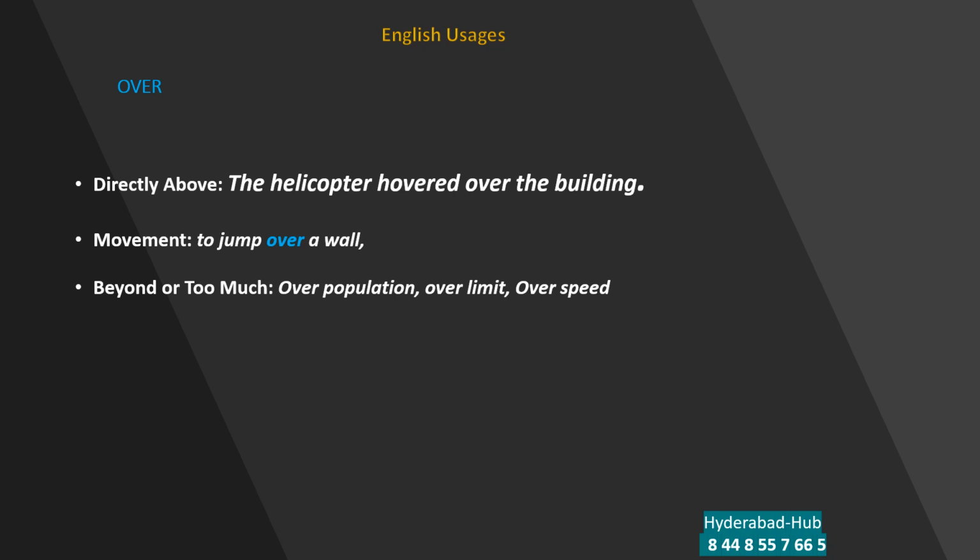For example, we could say overpopulation, over limit, over speed. In these cases, over means too much population, beyond limit or beyond speed.